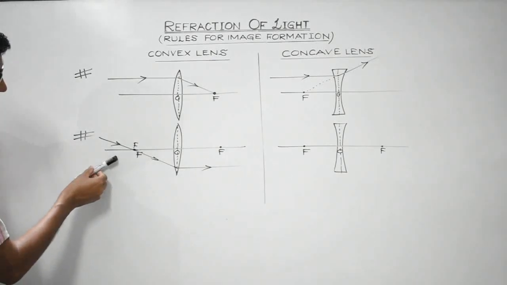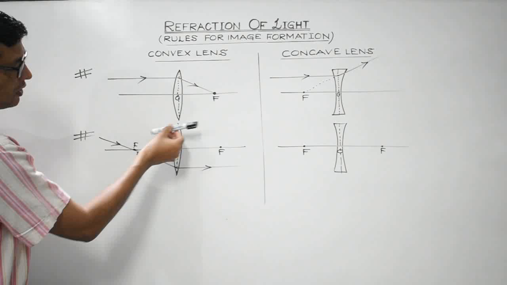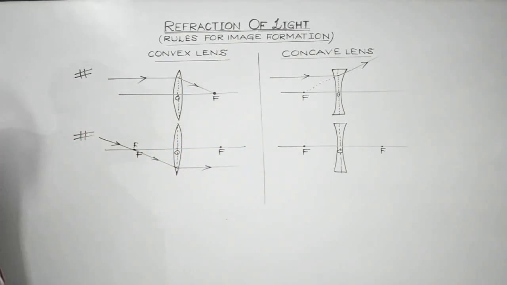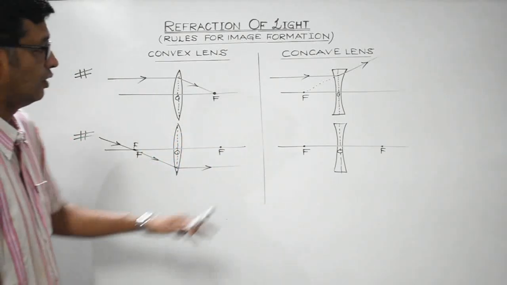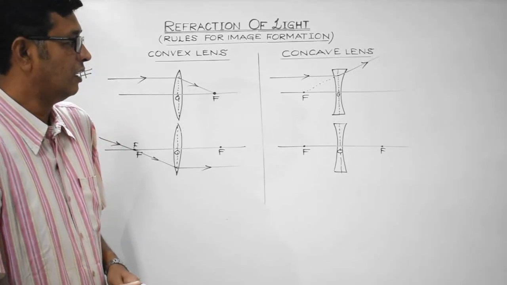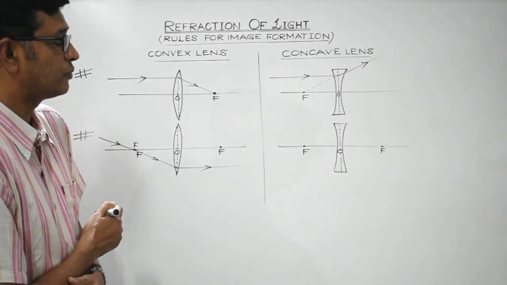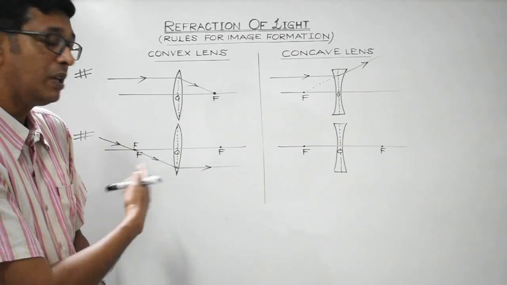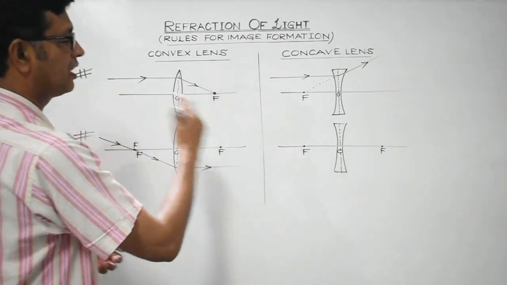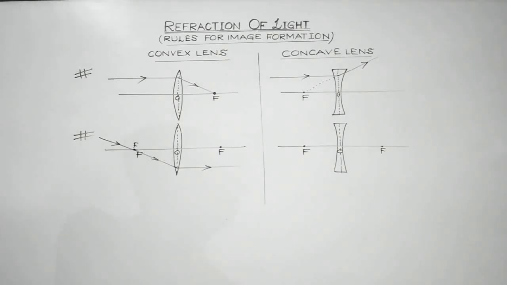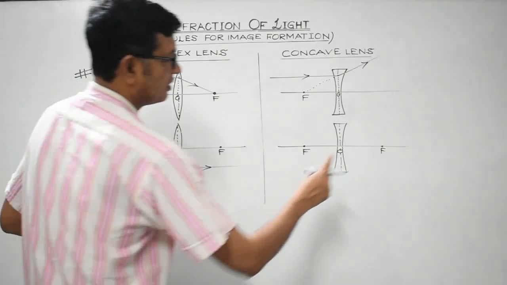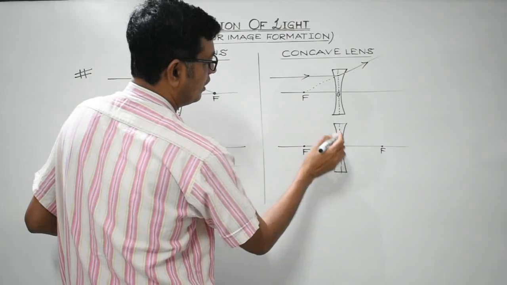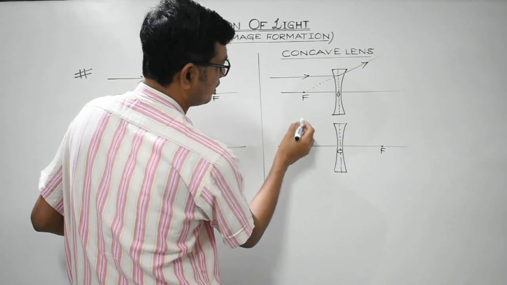Either this way, the ray passing through the focus, after refraction, will become parallel to the principal axis, right? Over here, the ray which passes through the focus will again be parallel to the principal axis. But here, how to represent this one? So it will be like this. This is the focus, right? So in this case, it will be somewhat like this.